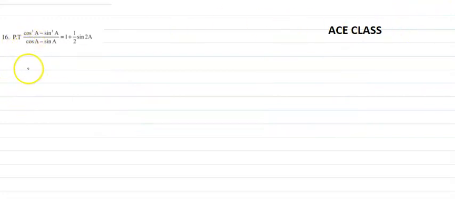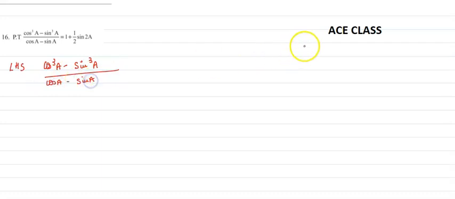So see here. Prove that cos cube A minus sin cube A by cos A minus sin A equals 1 plus 1 by 2 into sin 2A. So we will consider this LHS, which is cos cube A minus sin cube A by cos A minus sin A. I will use the formula for A cube minus B cube, which I can write as A minus B into A square plus B square plus AB.